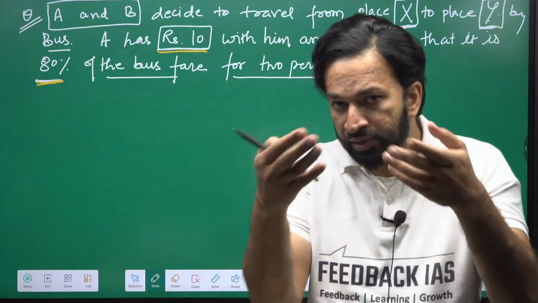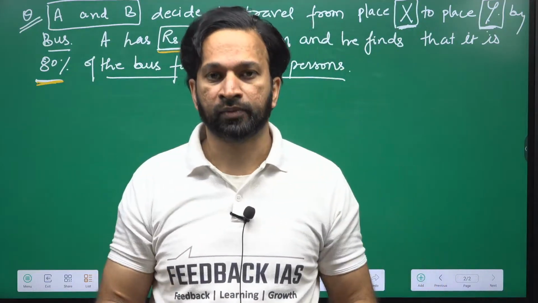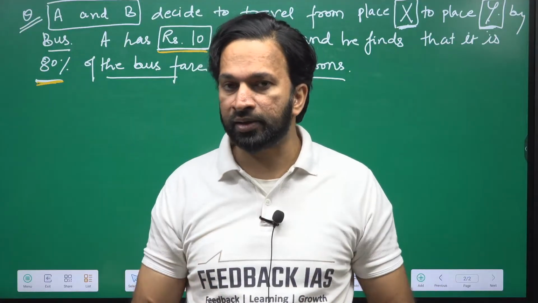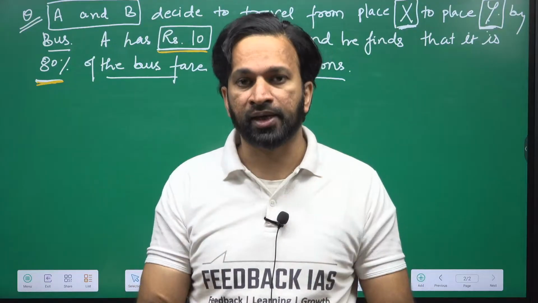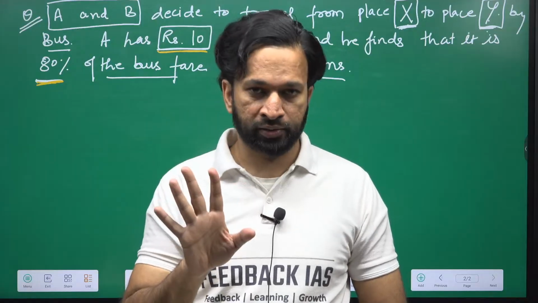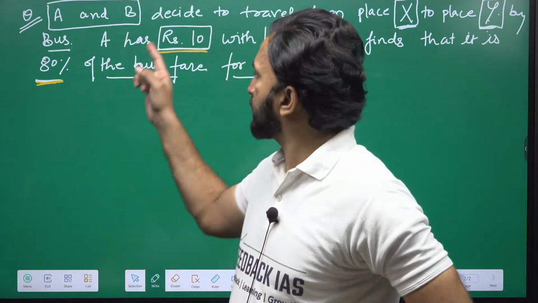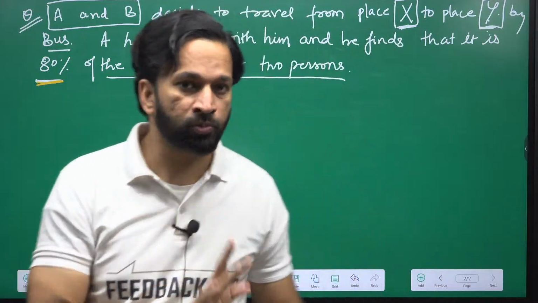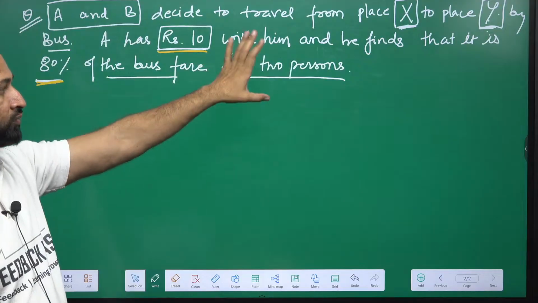Your understanding of this statement must develop in your mind, what this statement is saying. Your understanding here must say that the price of 2 tickets and 80% of that price is equal to ₹10. This interpretation must be there in your mind while you are reading this second statement of the question.